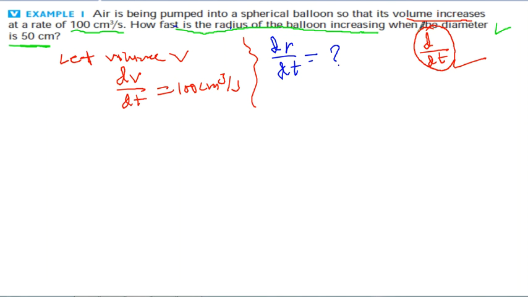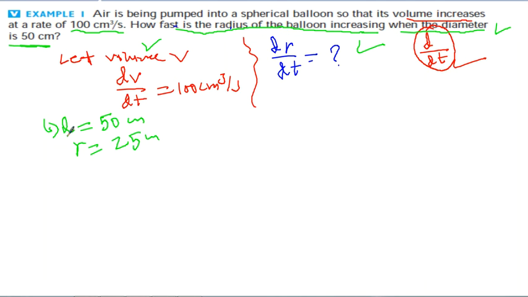The additional information is that when the diameter is 50 centimeter, that is, d is equal to 50 centimeter. So r will be 25 centimeter. Now whatever we have and whatever we have to find, I have written here, and we have taken out everything.